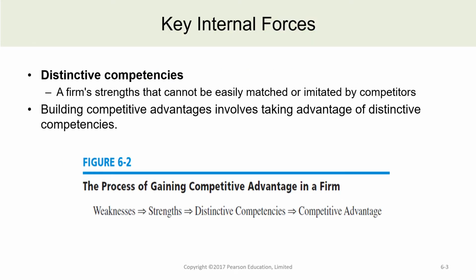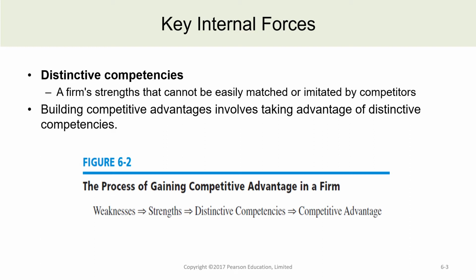Strategies are designed in part to improve on a firm's weaknesses, turning them into strengths, and maybe even into distinctive competencies that can provide the firm with competitive advantages over rival firms.